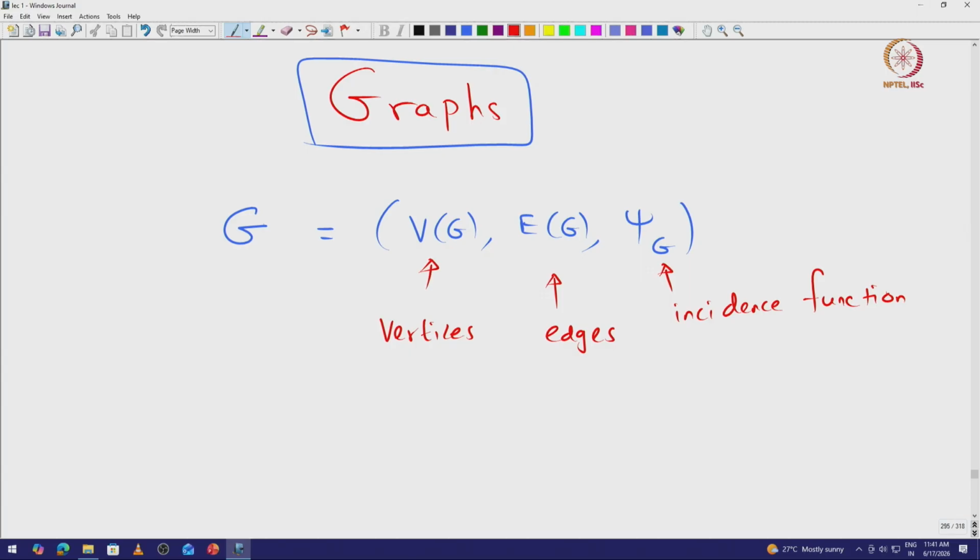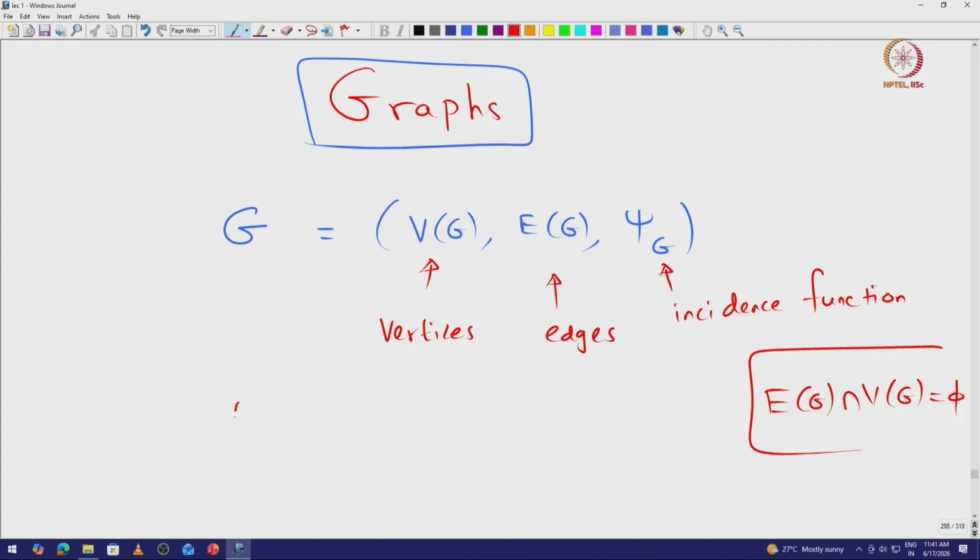Now we assume that V of G is disjoint from E of G. From the set theory point of view, these are two disjoint sets, that is important. And this incidence function, if e is an edge and u and v are the vertices of that edge, takes e to uv.